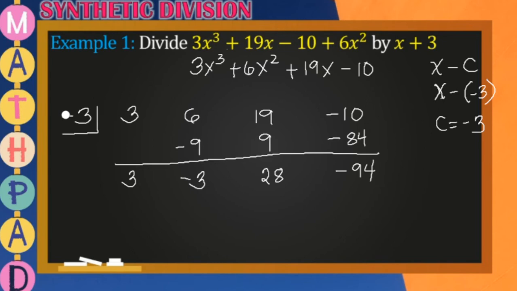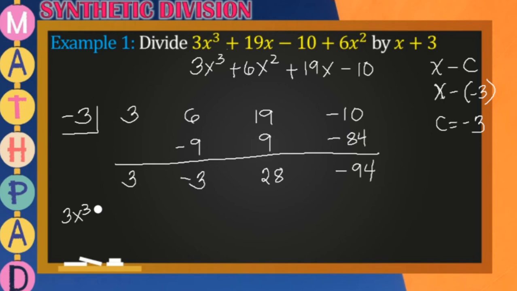Now, how do we write our quotient? Again, we have to write our dividend. That's 3x cubed plus 6x squared plus 19x minus 10 over our divisor is x plus 3. So, how do we write our quotient? Ito yung coefficient ng ating quotient. Okay?